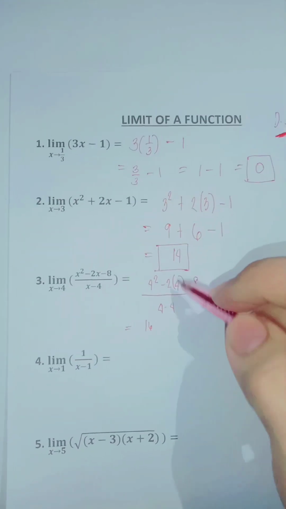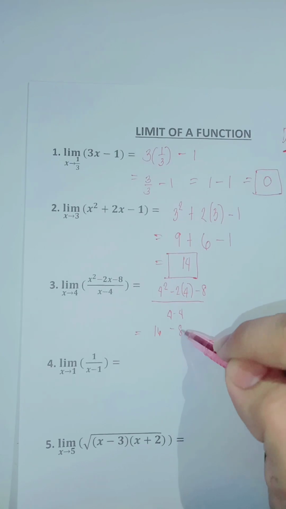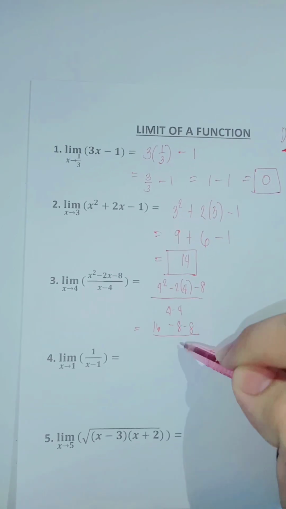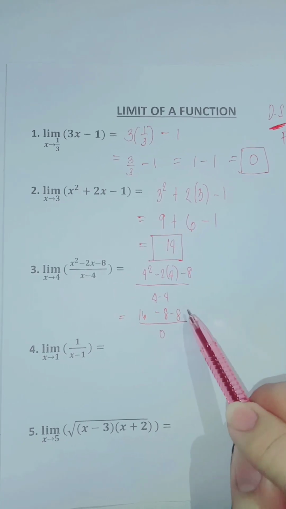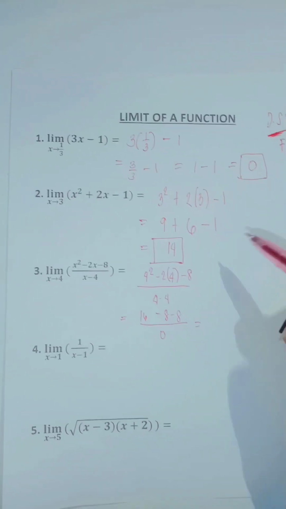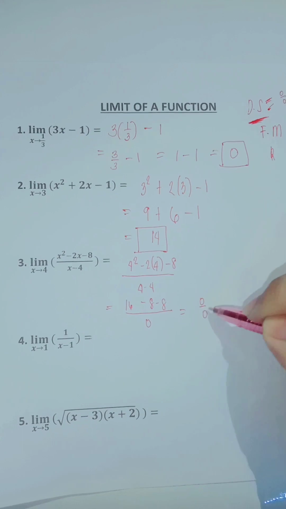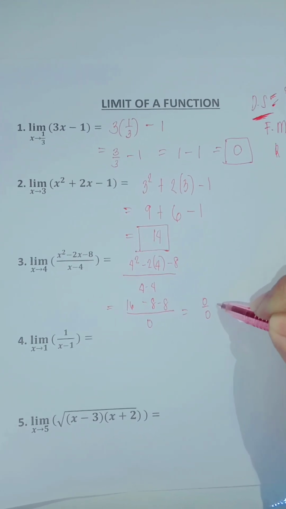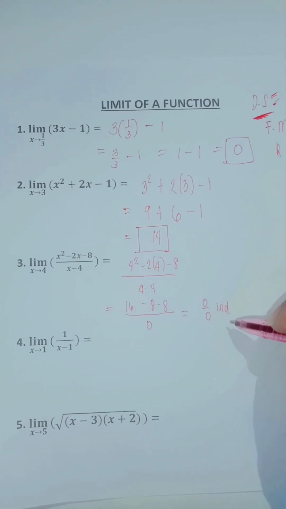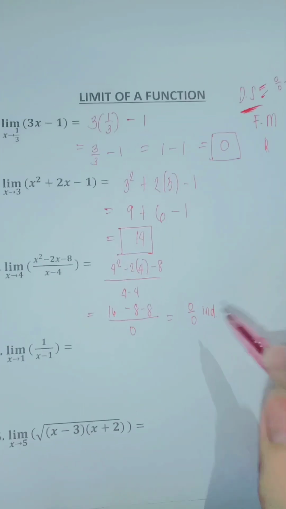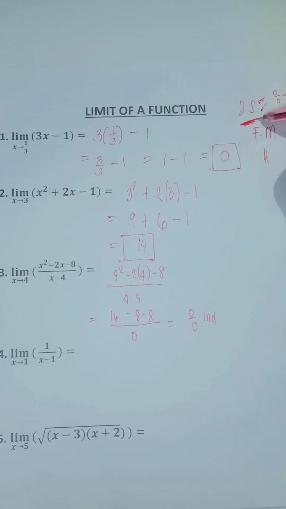Negative 2 times 4, that is negative 8, minus 8. So 4 minus 4 is equal to 0. We have 16 minus 8 minus 8, that is 0, resulting to 0 over 0. So dito, nakakamap tayo ng indeterminate form. So ibig sabihin, merong limit but hindi kayang isolve ni direct substitution.